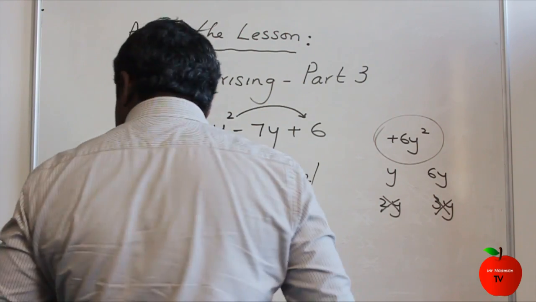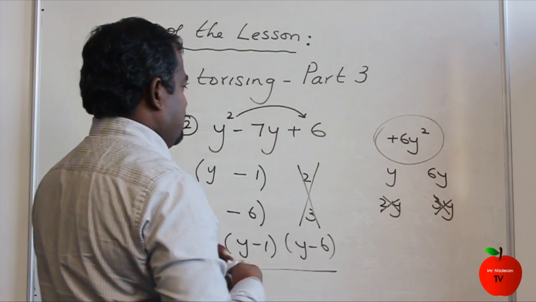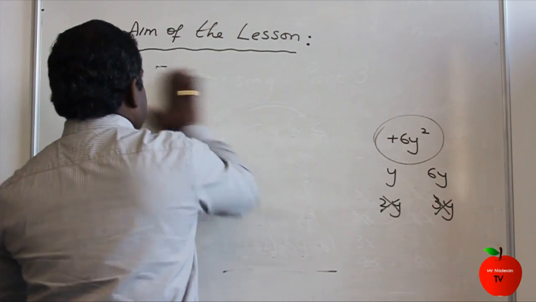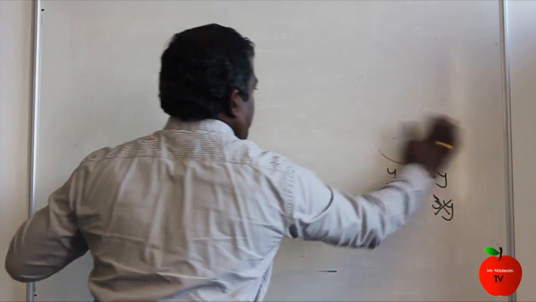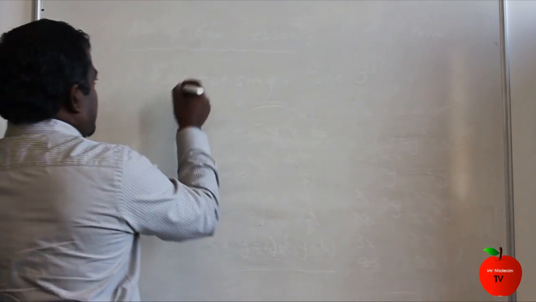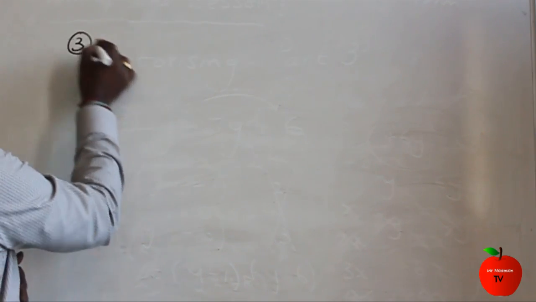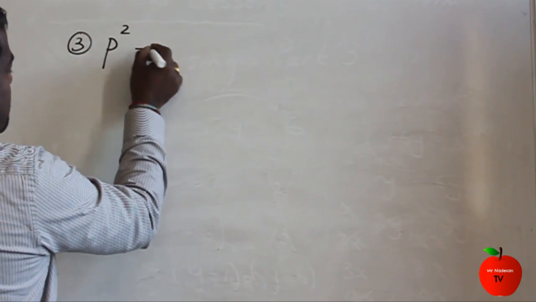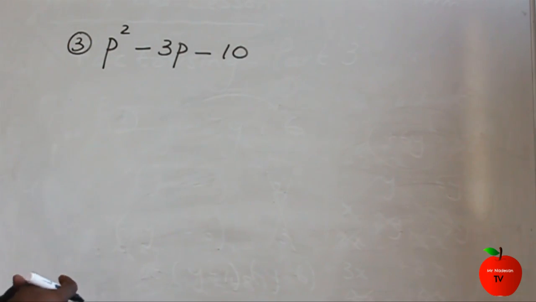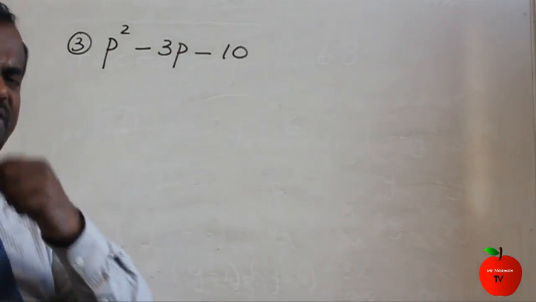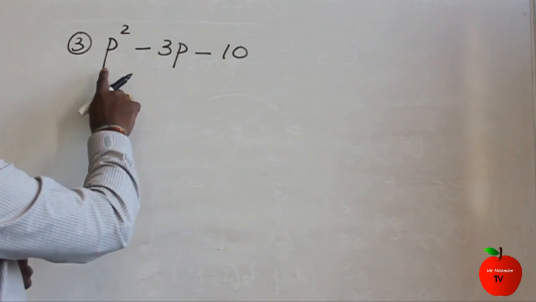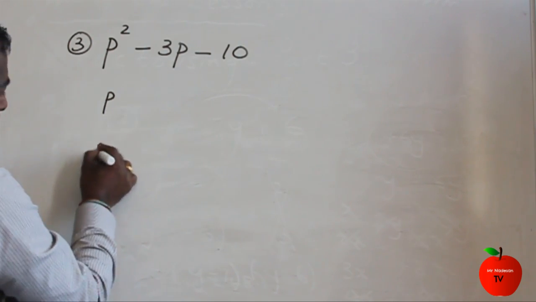Now let's see what happens if you've got a minus at the end. Let's take the third one: p squared minus 3p minus 10. We've got a minus at the end, that means different factors making 3. What are the factors for p squared? p and p.